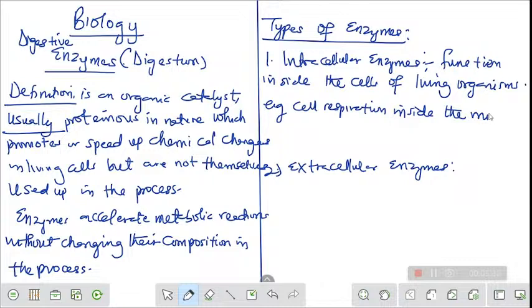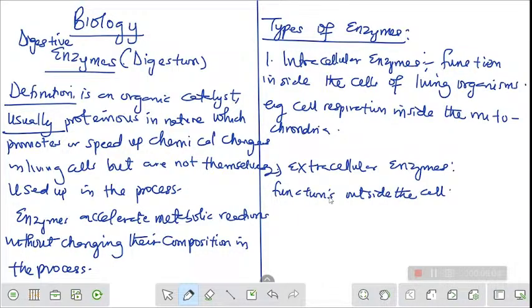So let's go to extracellular enzymes. You already know the answer, so you don't even need to say it. They function outside the cell.